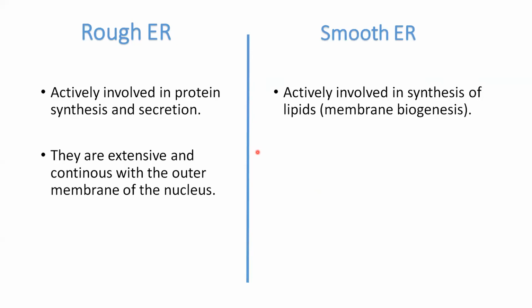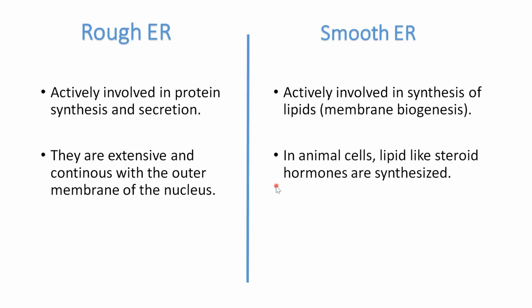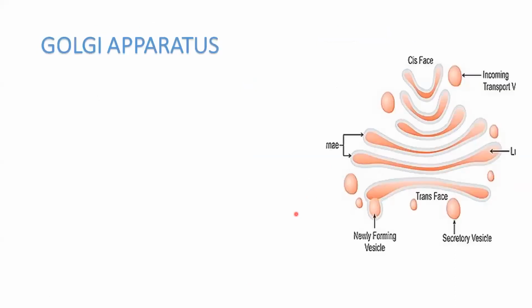That is the only idea behind giving this other name. This I have already taught you. They have an extensive network of membrane structures. As I told, the smooth ER also plays a role in the synthesis of steroid hormones in animal cells. So make a note of these points, and try to make notes while listening.